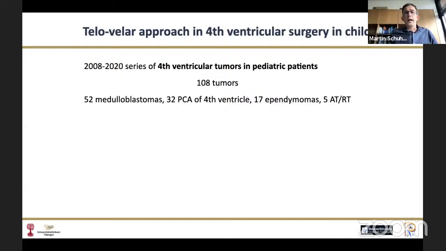In our series of the last 12 years of fourth ventricular pediatric tumors, it was 108 tumors: medulloblastomas, pilocytics, ependymomas, and ATRTs. We have only done TVA. We have not used a single transvermian approach, because I don't think that is necessary to reach the goals of surgery.